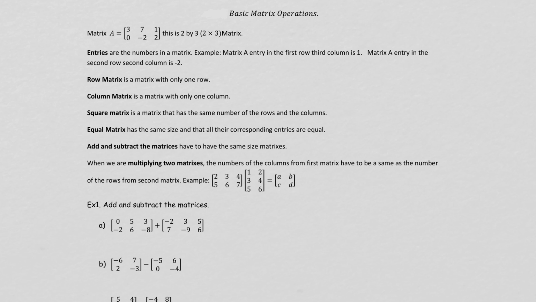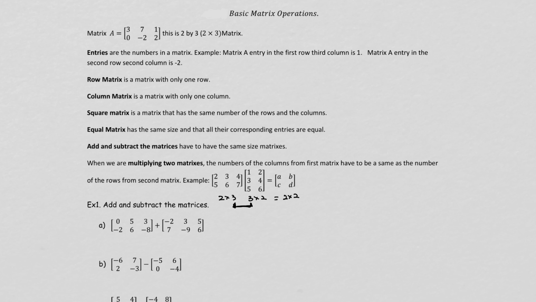So for example, if you have a 2 by 3 matrix, you have to have a 3 by 2 matrix, where these two have to be the same, right? Then you should be able to do your matrix multiplication and you will end up getting a 2 by 2 matrix.